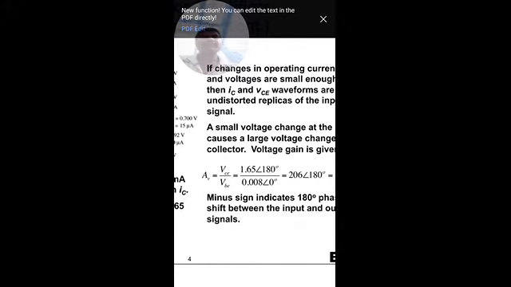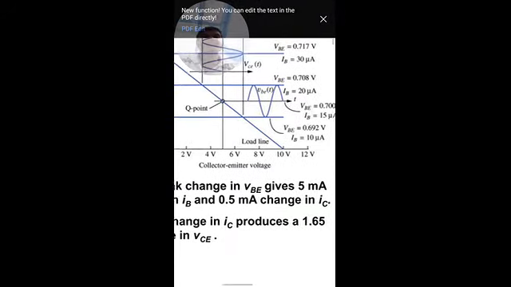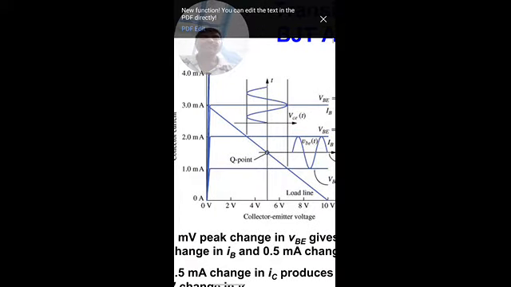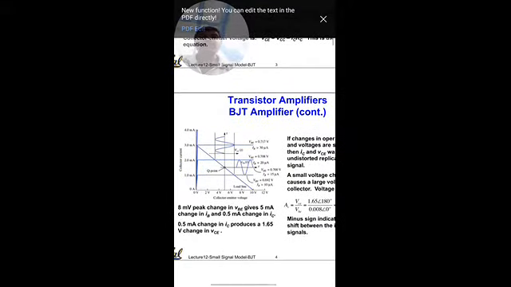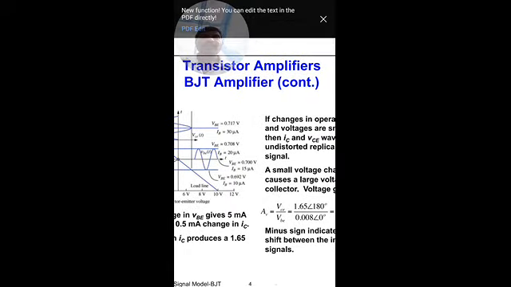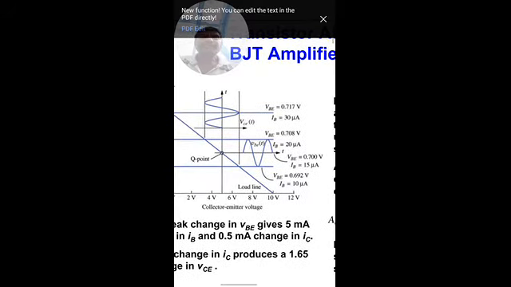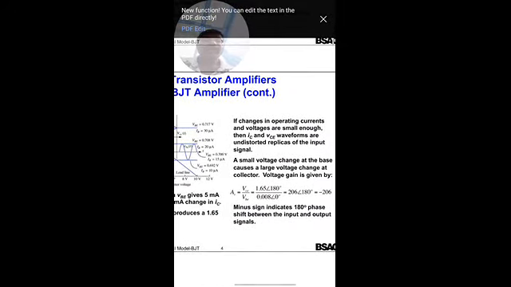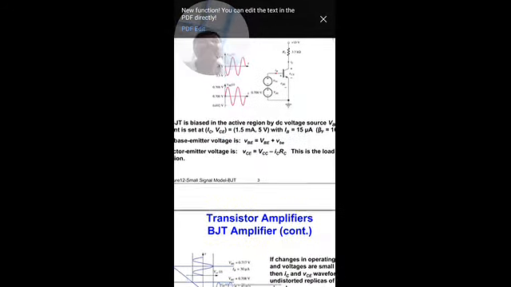So here, with the operating point of 1.5 milliamperes and VC of 5 volts that we have taken, we are going to have the output voltage VCE by substituting the values in the circuit.